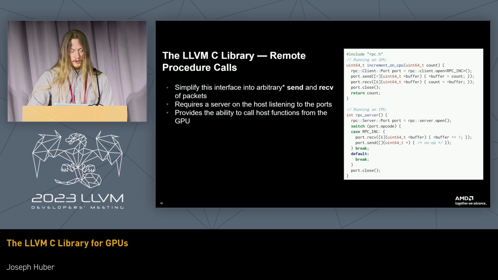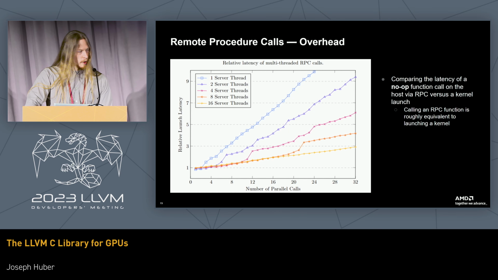And this pretty much gives you an extremely flexible way to do anything you'd want to do on the host from the GPU. You could even use this to call function pointers or anything, pass it some struct as if this was pthreads, that type of stuff. And that's exactly what I did for this graph, because upon telling people about this weird RPC stuff, the first question they might have is, how slow is this?